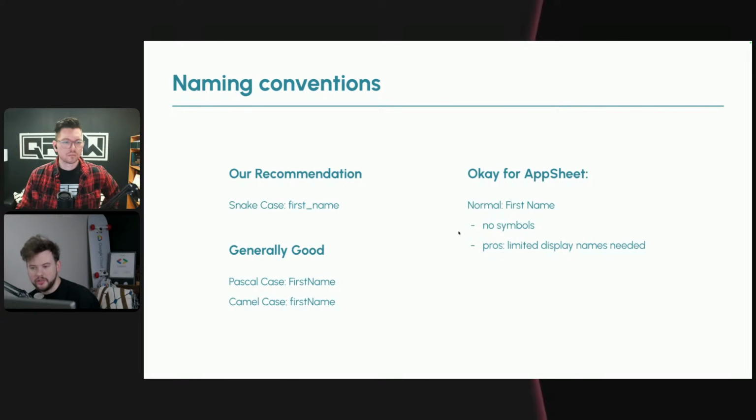However, if you're just using AppSheet, this one is fine, where you just are typing it normally. You're not adding symbols. You're capitalizing where you want to capitalize, where it makes sense. And the pro behind this is that you don't need to set display names. If you are using first name, last name, like we see right here, and you bring it into AppSheet, you're going to have to go into the display name of each one of those and type out first name.